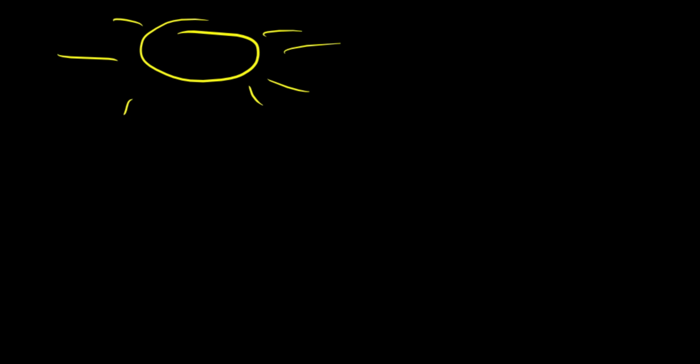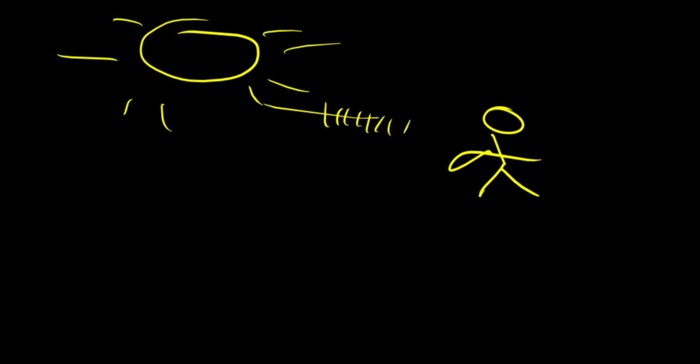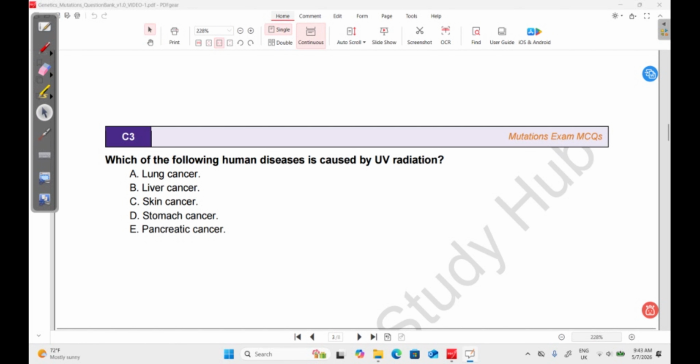Take for instance, this is your sun, and this person is exposed to UV radiation, so that these waves that we can't even perceive are being received. So think about what's the first organ that actually gets exposed to this UV radiation. In this case, it's going to be your skin. So most likely this person is going to have a skin cancer.